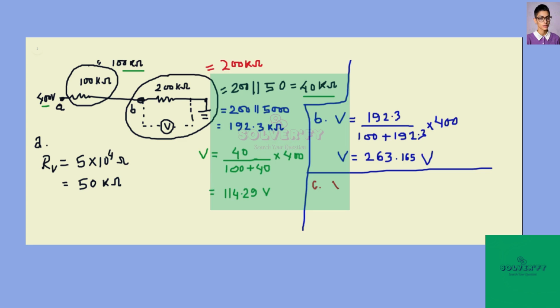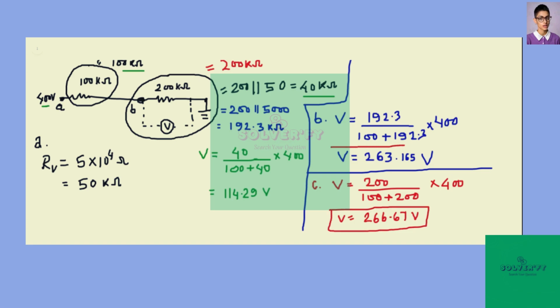So now V would be 200 upon 100 plus 200, into 400, right? This should be equal to 266.67 volts, right?